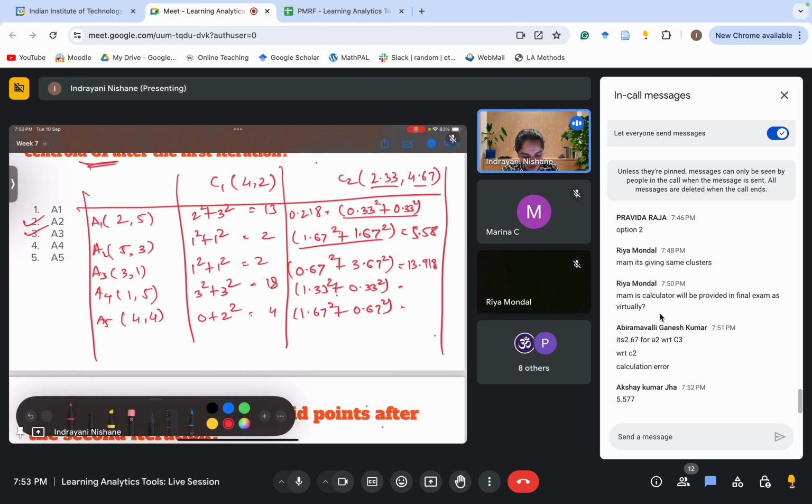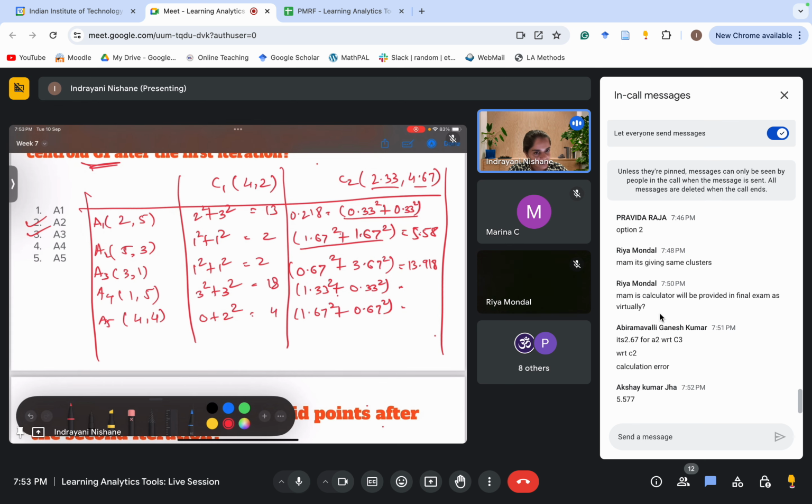Then 1.33 square plus 0.33 square, which is 1.878. Now this is 1.67 square plus 0.67 square, which we have already done, I think. 3.2. Okay, so these are the answers which I am getting. I hope I have not made any calculation mistake there.